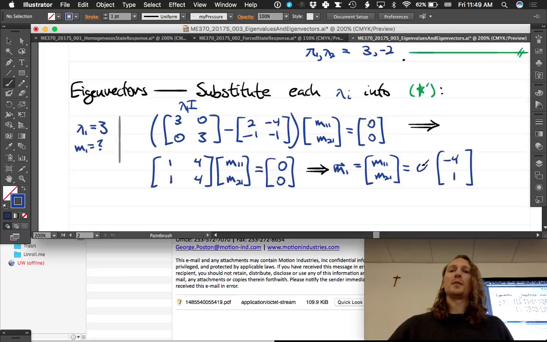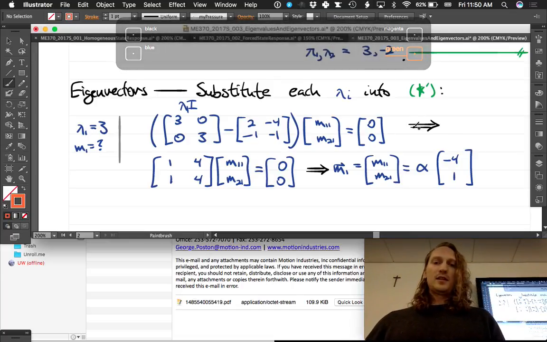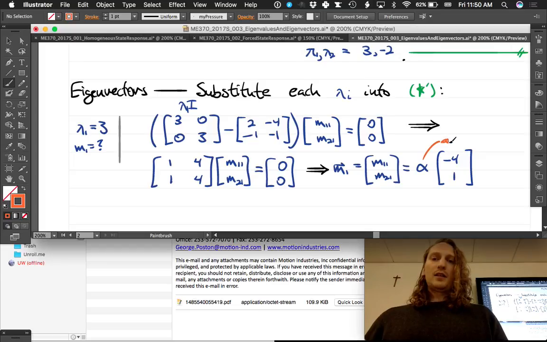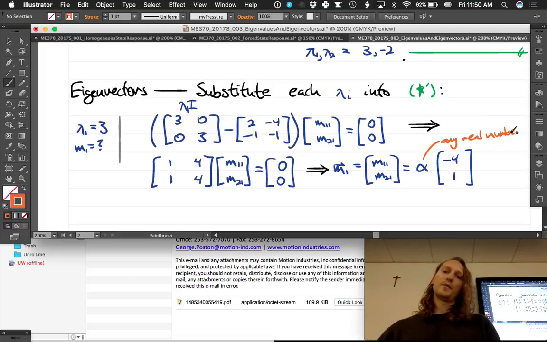So I'm going to just draw an alpha here and just say alpha is any real number except 0. Well, actually, it does include 0, right? It's just a trivial solution. So that is actually true.